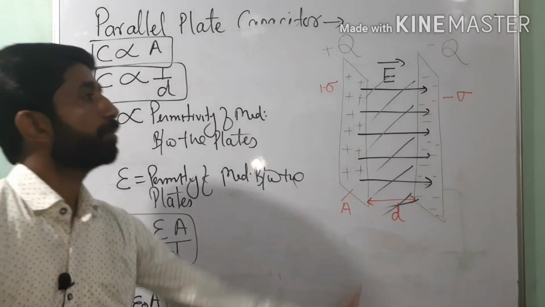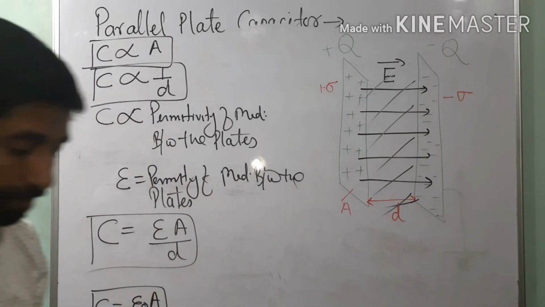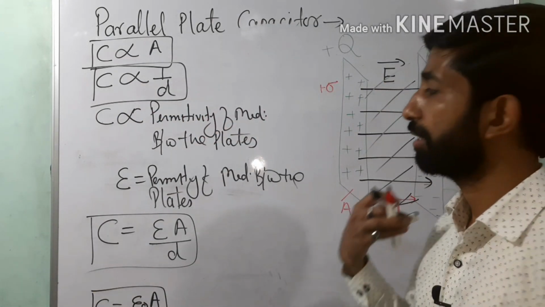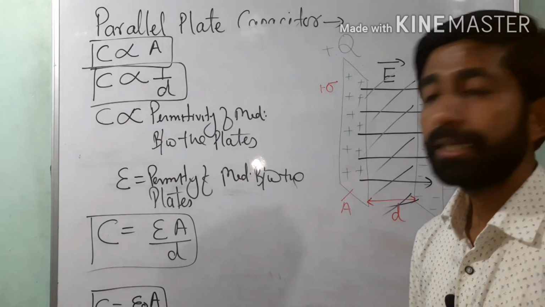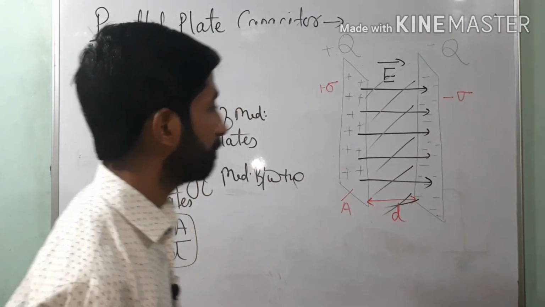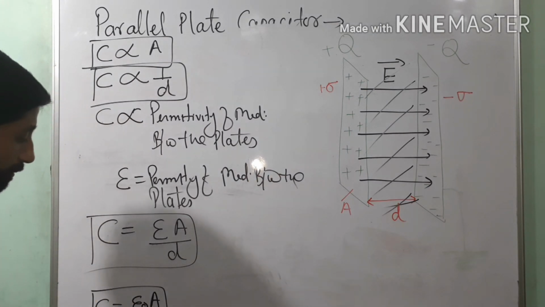This is when the medium between the two plates is not air or vacuum, it is some other material like paper or any plastic, or any sort of oil. Commercially, the oils are placed between the two plates, or any sort of papers. Okay.